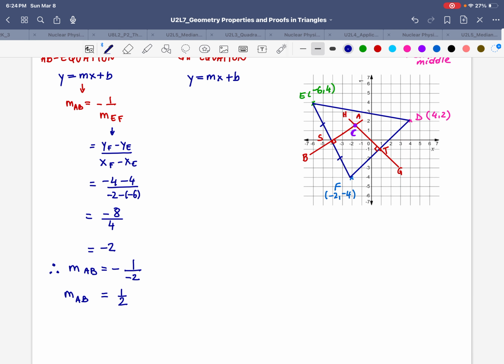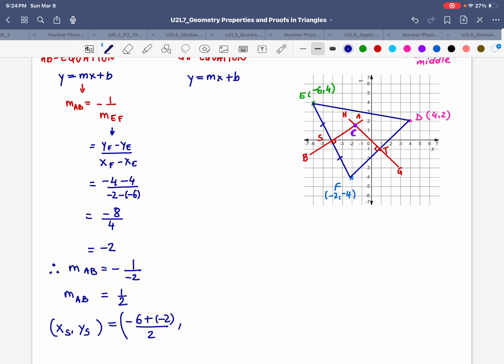The coordinates of point S, which I'll mark as XS, YS, are: for x, the average of the x coordinates of the endpoints, negative 6 plus negative 2 divided by 2.